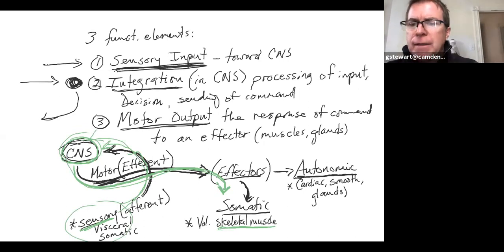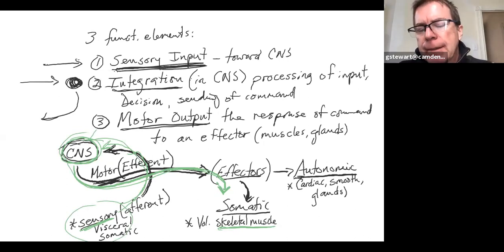Now let's take one more example. I'm just going to arbitrarily pick red so that you can see it. Let's say you just had lunch or you just had breakfast and you swallow the food and it makes its way to the stomach. Now something has changed on the inside of your body. There are sensory receptors, this time they would be visceral, in the wall of your stomach.